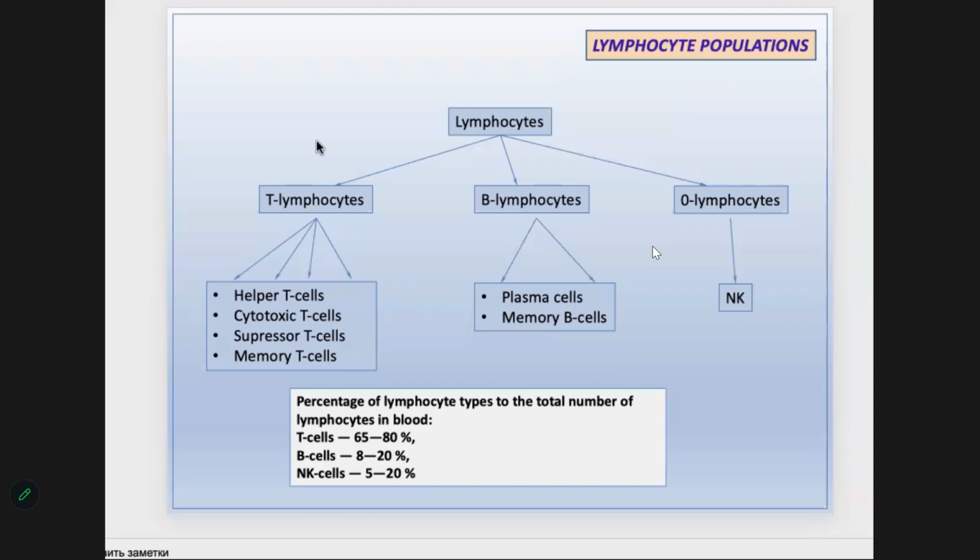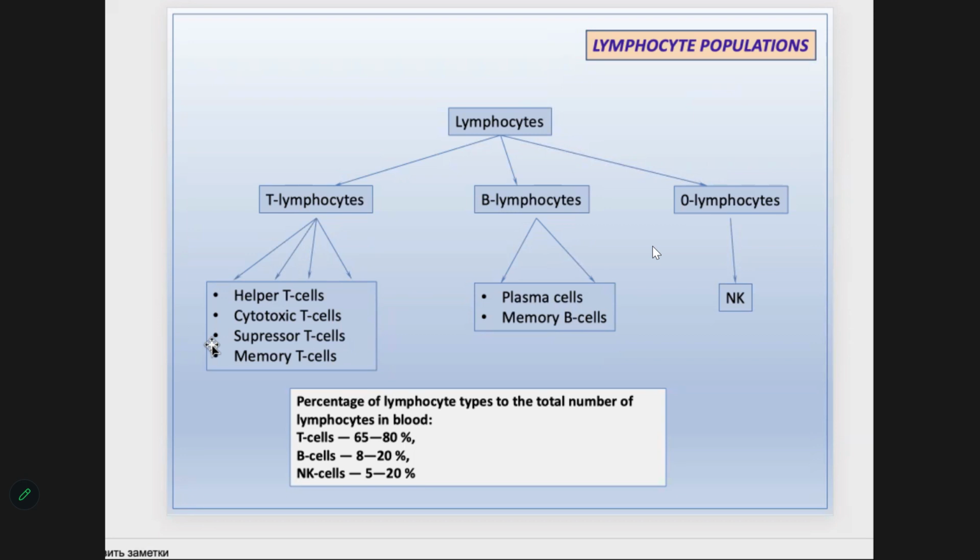The place of origin of T lymphocytes, where one of the stages of their differentiation takes place, is the thymus. The thymus is the central organ of hematopoiesis, and that is why these lymphocytes are named T lymphocytes. In the thymus, the effector immunocompetent subpopulations of T lymphocytes are formed.